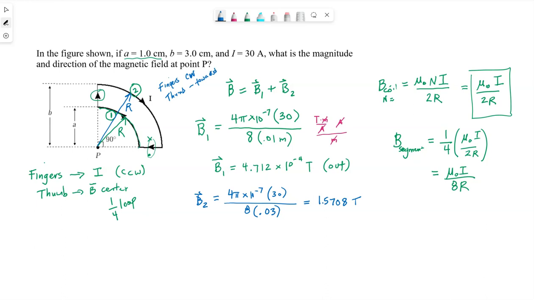So this magnetic field points into the screen.